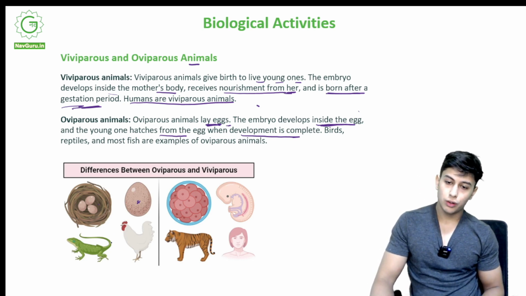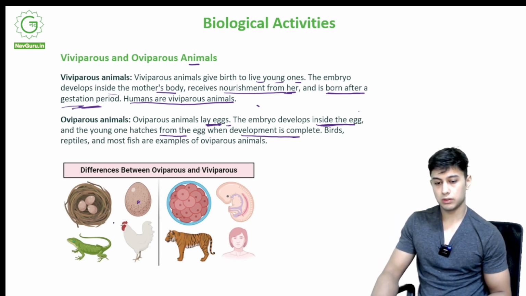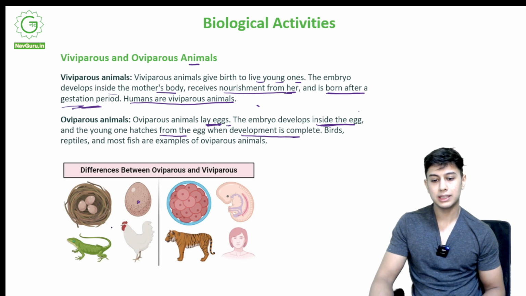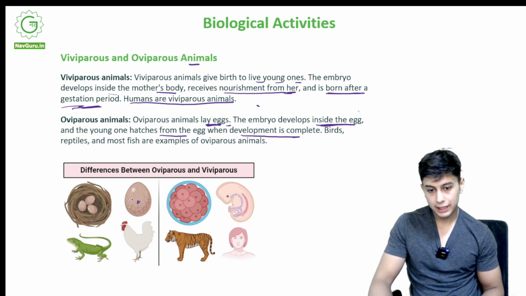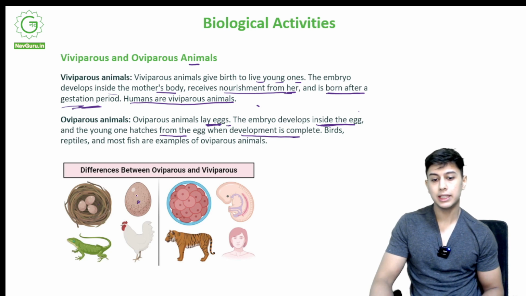So oviparous animals won't keep the embryo inside them, but they will lay the eggs and sooner or later they will hatch after the development of the embryo inside is complete. Birds, reptiles, and most fish are examples of oviparous animals.